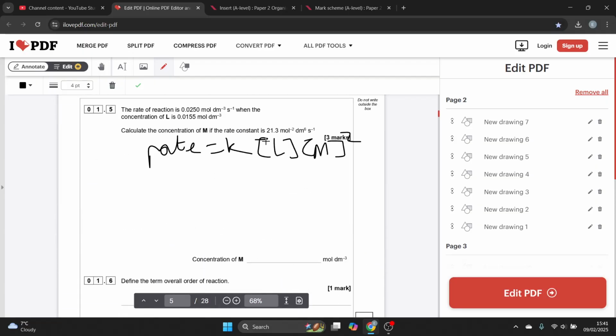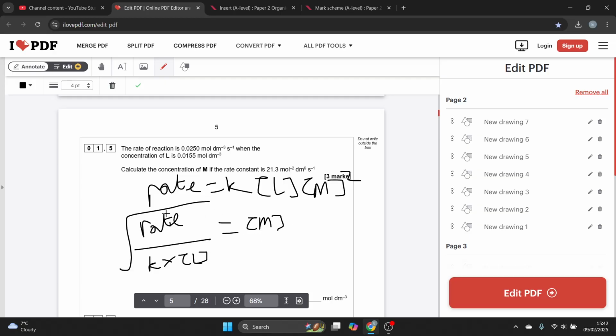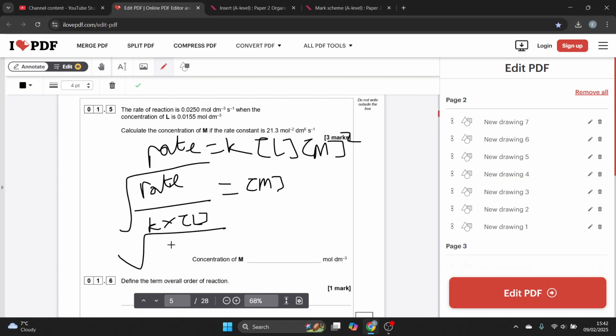And I want to find concentration of M. So rate divided by k times concentration of L equals concentration of M squared, and the square root of that equals concentration of M. No, sorry, 21.3 is the rate constant. The rate of reaction is 0.0250, divided by 21.3 times 0.0155.